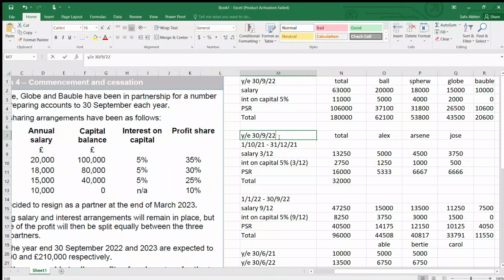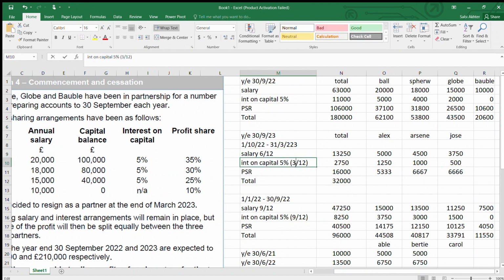Now, 30th September 2023 year end. So from 1st of October 22 to 31st March 23, because they resign at the end of March. How many months? 6 months.